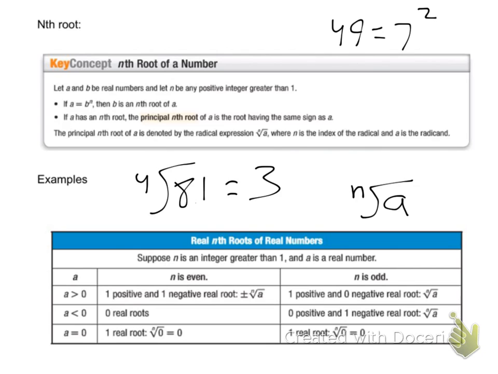If n is odd, 1, 3, 5, 7, 9, 11, and a can be any number inside. But as you can see, not only is it odd, this first top row says that the number inside has to be positive. What it says is that there will be 1 positive and no negative real roots.